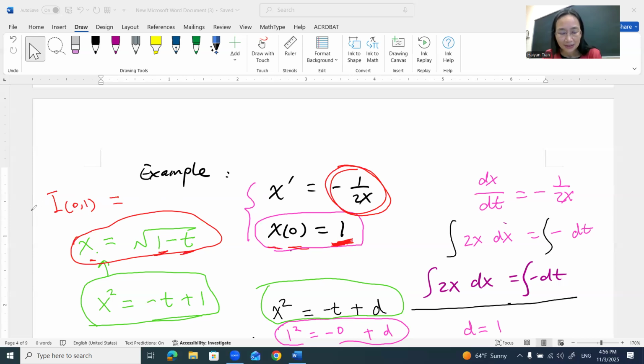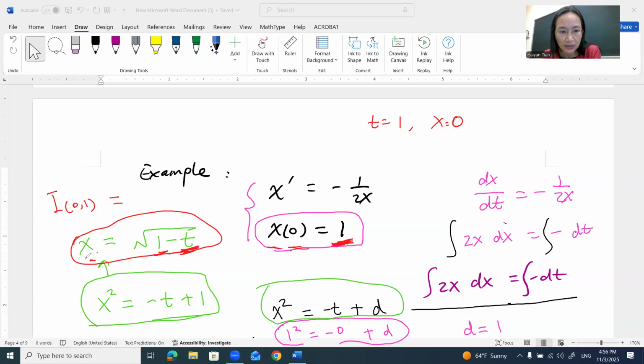The right-hand side. So when t is 1, x is 0, and t equal to 1 should not be part of the time interval.